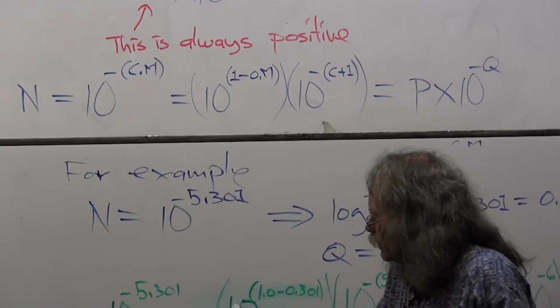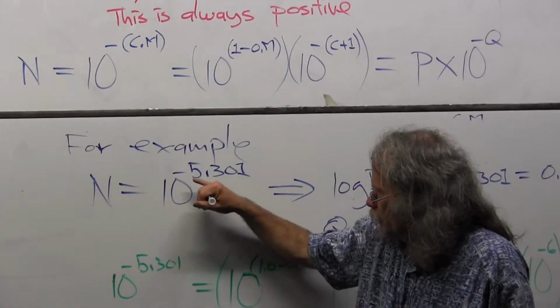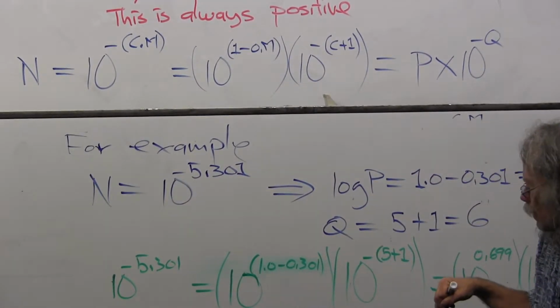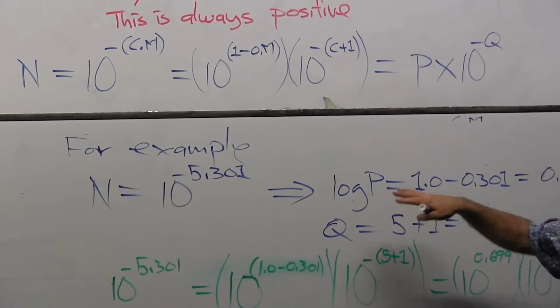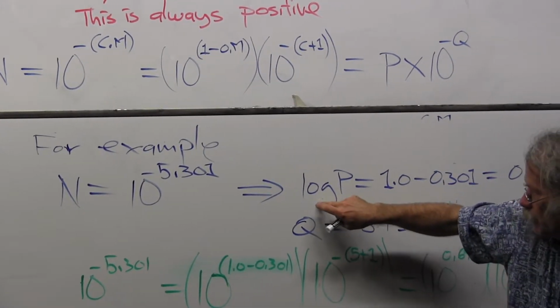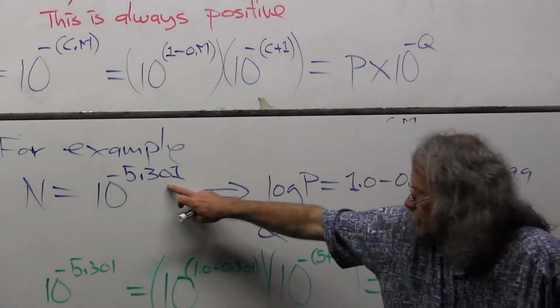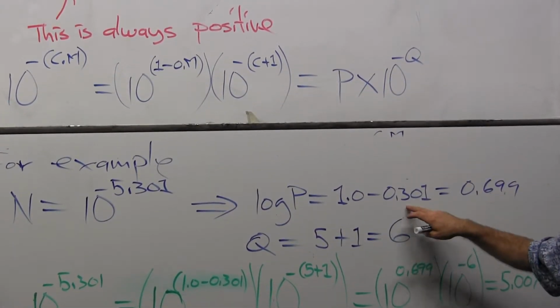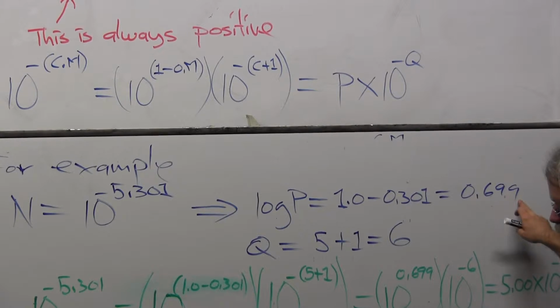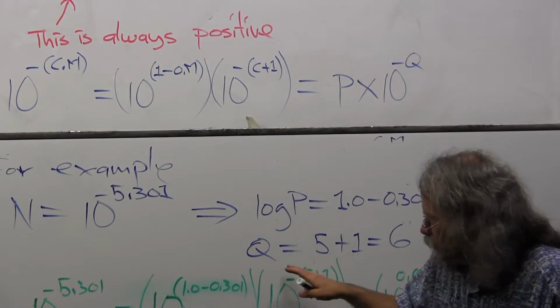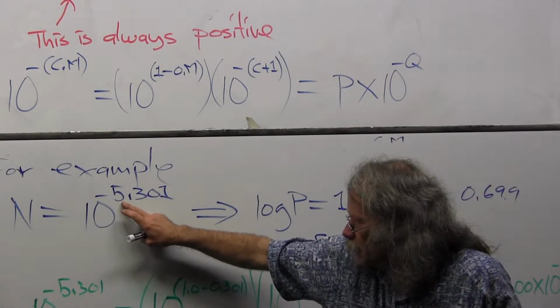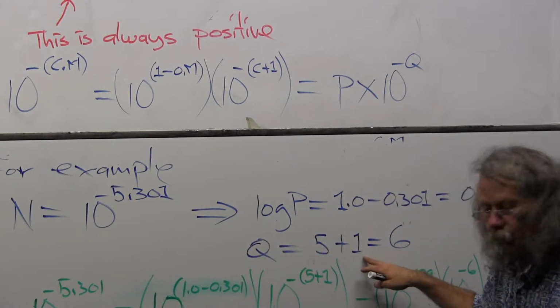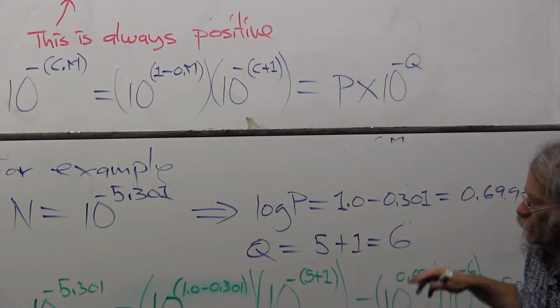For example, if n is equal to 10 to the minus 5.301, then log p is the mantissa subtracted from 1, and 1 minus 0.301 is 0.699. The q term is the characteristic 5 plus 1, which equals 6.